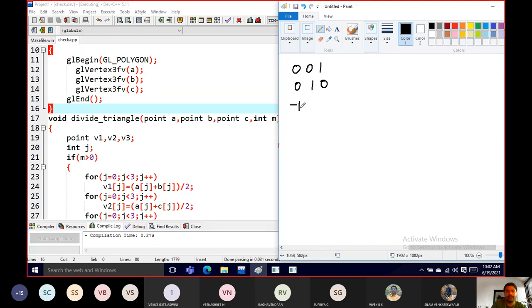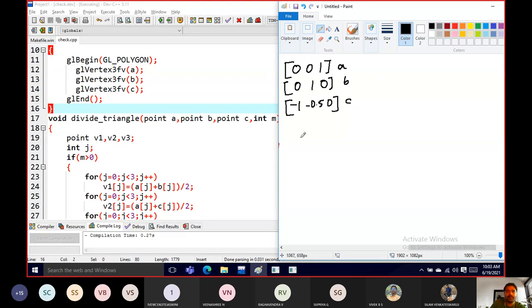Second one is minus 1, minus 0.5, and what about the z value? Here, this is A, this is B, and this is C.